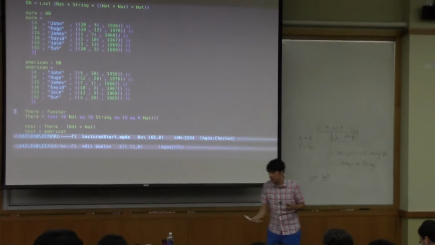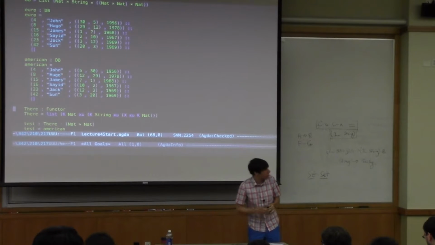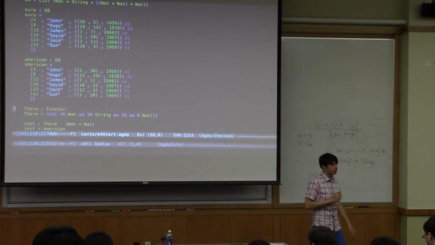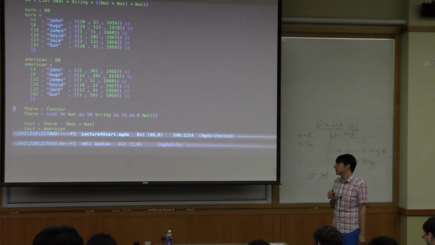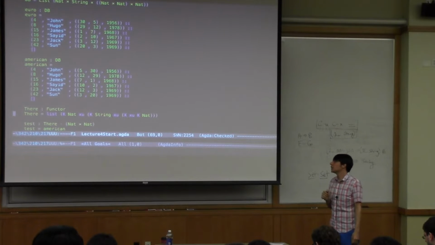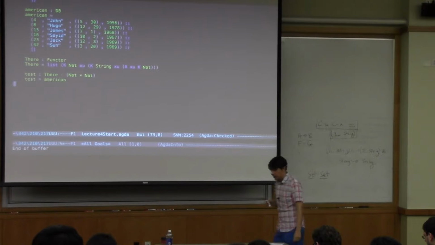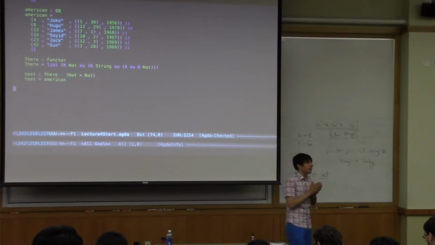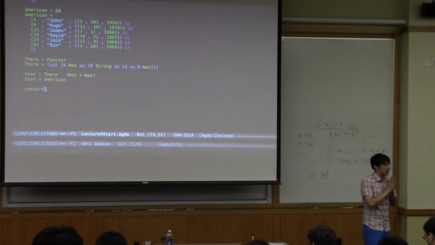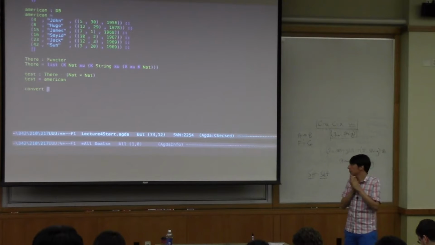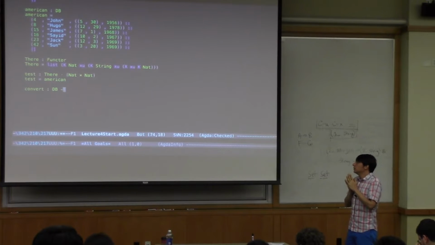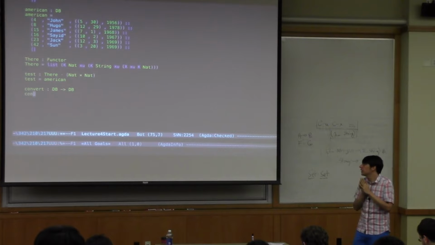OK, so now that we've got our functor, what do we do with it? So we've written down a functor. How do we convert? Let's write a function called convert that takes a database and returns a database. OK.